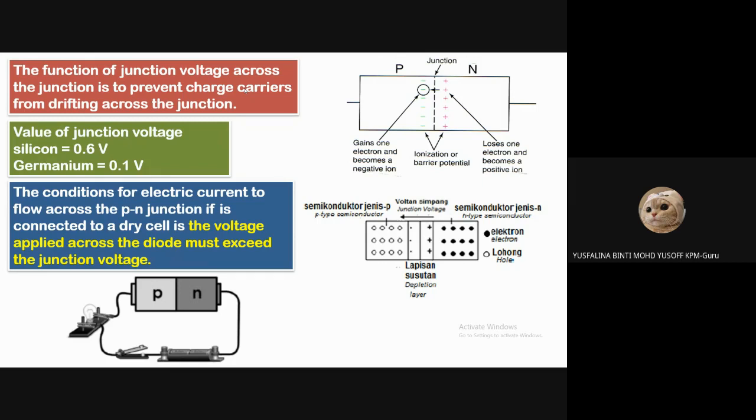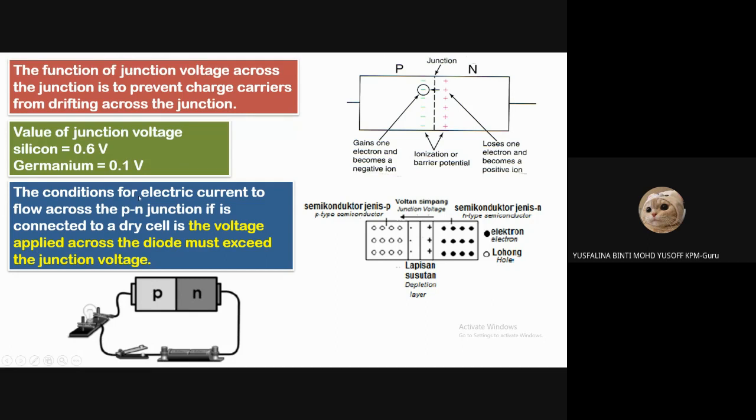Silicon obviously has the higher junction voltage, so it's harder for the electrons or holes to move. After they move one time, they form the junction there, to repel the electrons from going back to the n-type, and this one repels the holes from coming back.